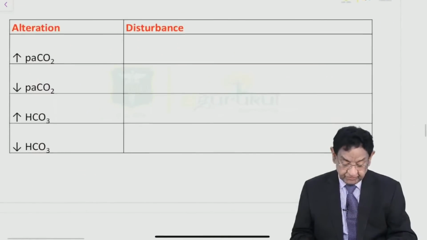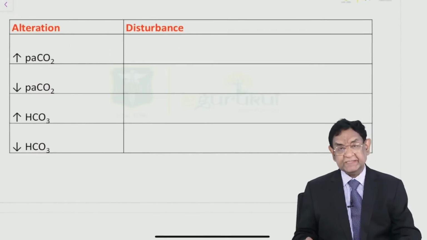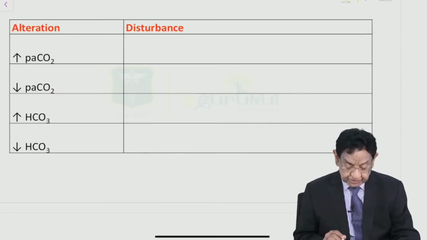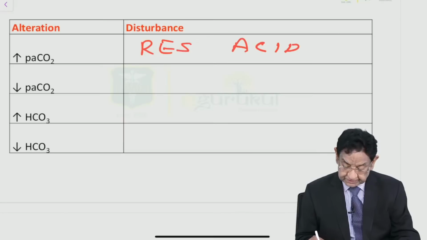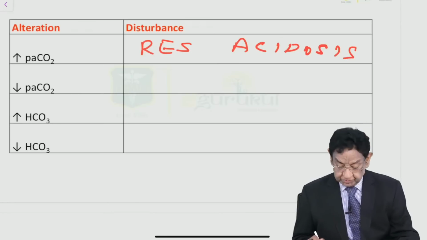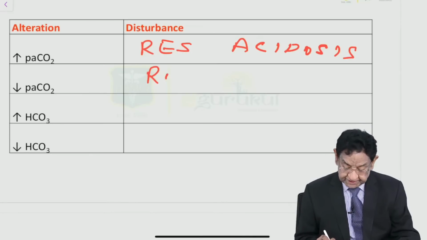Now, let us learn. If PCO2 is increased, this is the feature of respiratory acidosis. If PaCO2 is reduced, this is respiratory alkalosis.